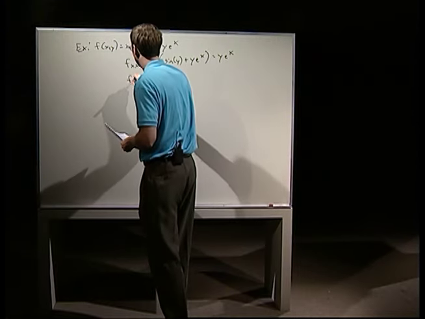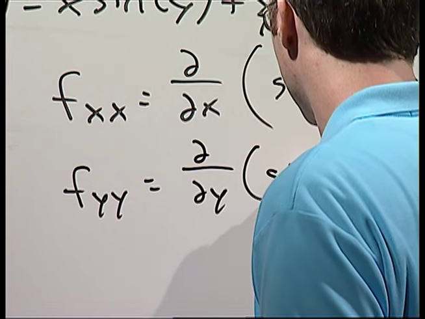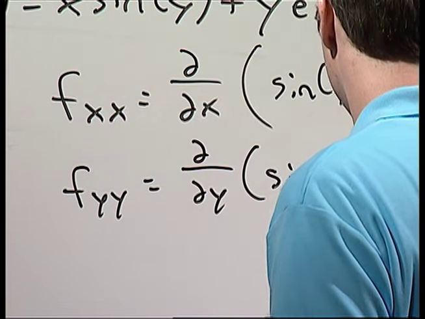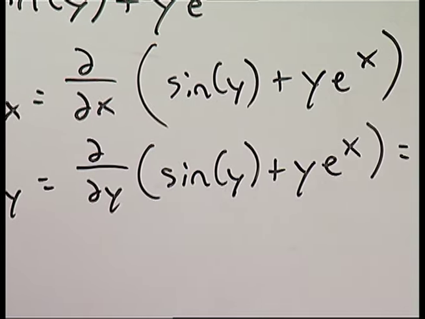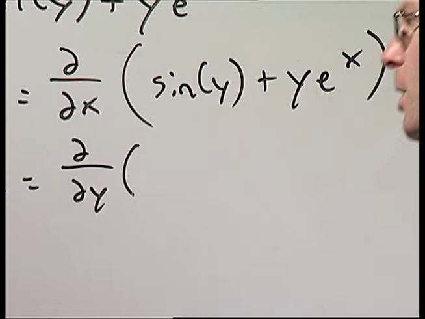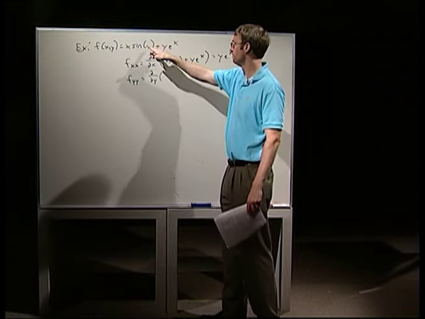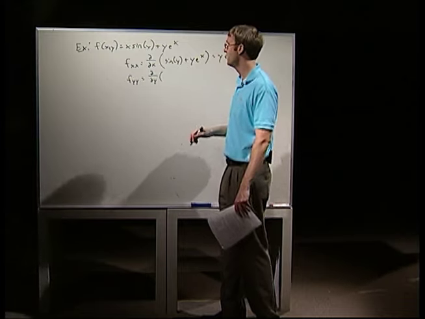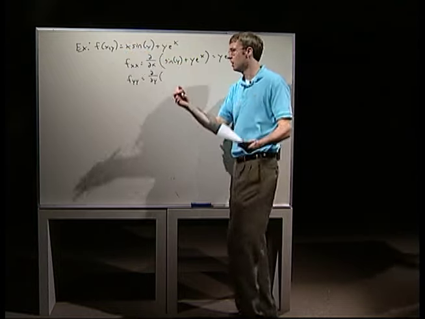F sub y, partial y of this thing. Oopsies, I'm writing the wrong thing. I'm botching this up. Don't write that. So what is this thing's partial with respect to y? Well, sine y's derivative is cosine y. The x is just a constant. It comes along for the ride.